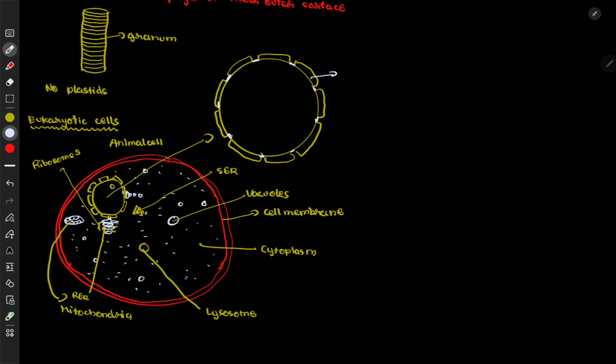So this is basically the nuclear envelope to which the RER is attached. We have the membrane as well. Inside we have a small sphere again, which is dense, which is the nucleolus.